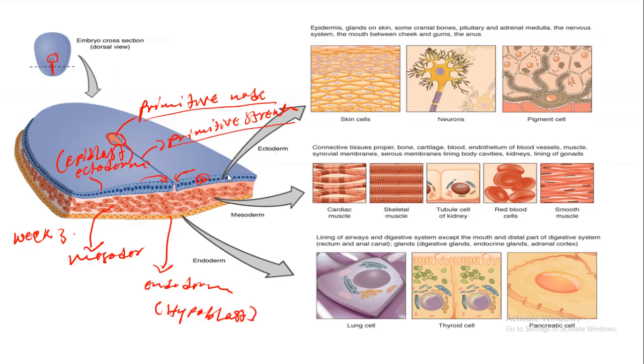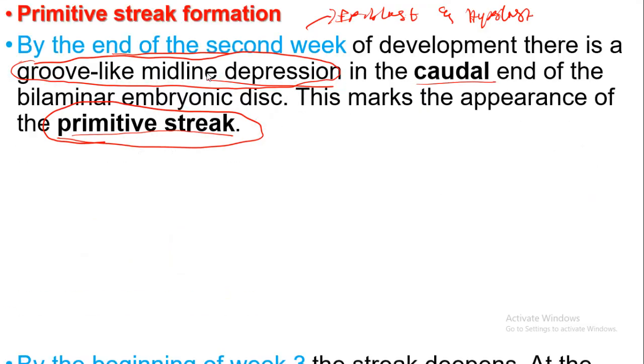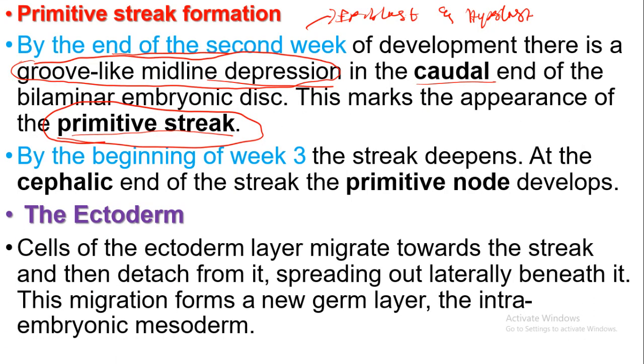These already existing cells from the epiblast will start moving toward the streak. As they move toward the streak, they will lead to the formation of the third type of germ layer, and this third type is known as the intra-embryonic mesoderm. So the intra-embryonic mesoderm is a result of the movement of the cells of the ectoderm towards the primitive streak.